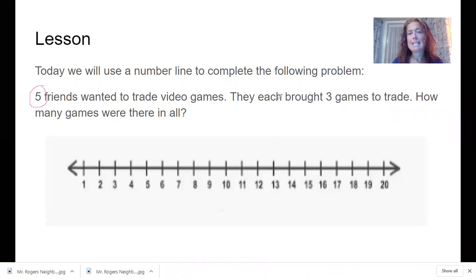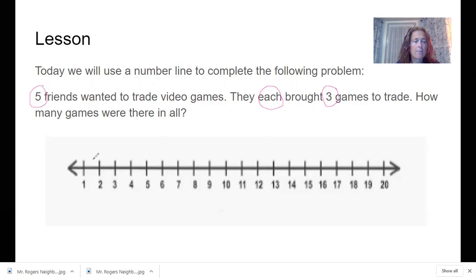We know that each friend brought 3 games. So each of those 5 friends came to their friend's house with 3 games in their hand, okay? And our question is, how many games were there in all? So we're trying to find out if all 5 friends put their games together in a pile, how many games are there going to be?